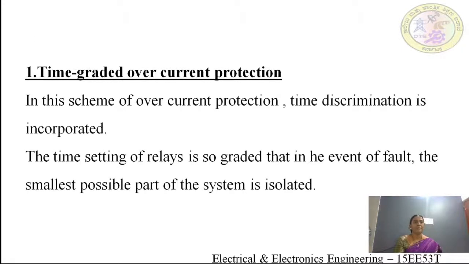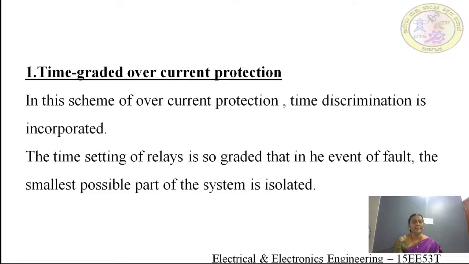Let us see what we mean by time graded overcurrent protection. In this scheme of overcurrent protection, time discrimination is incorporated. The time setting of the relay is so graded that in the event of a fault, the smallest possible part of the system is isolated.